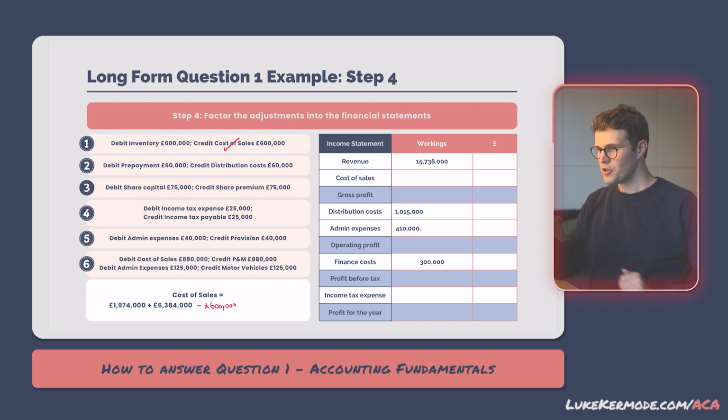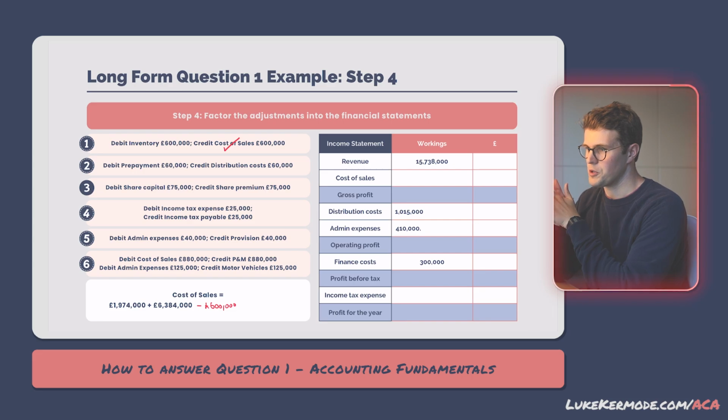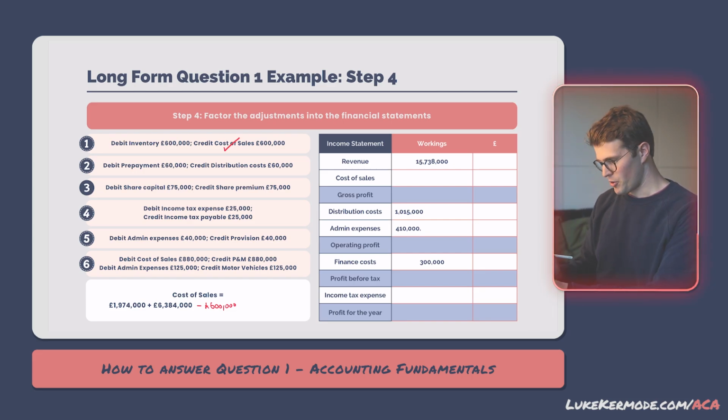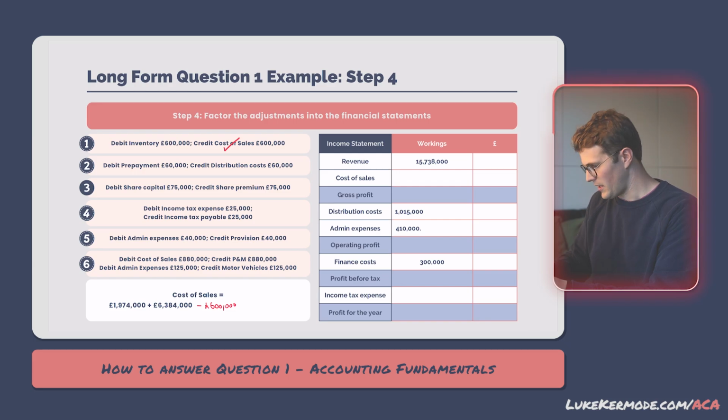Second, we update distribution costs. We calculated that 60,000 of the insurance was prepaid and shouldn't be expensed this year. And the journal was debit prepayment, credit distribution cost 60,000. So we need to reduce the distribution costs in our workings column by 60,000. And we can tick off that credit distribution cost adjustment because we've processed that now.